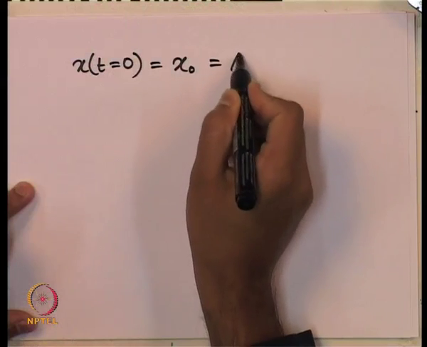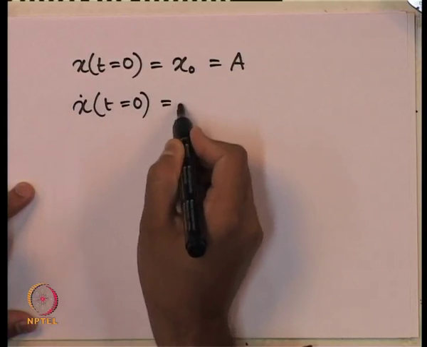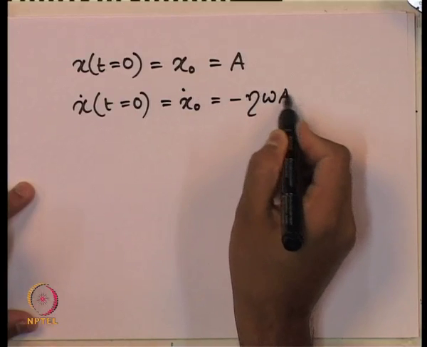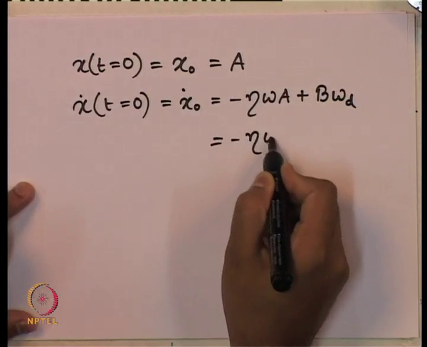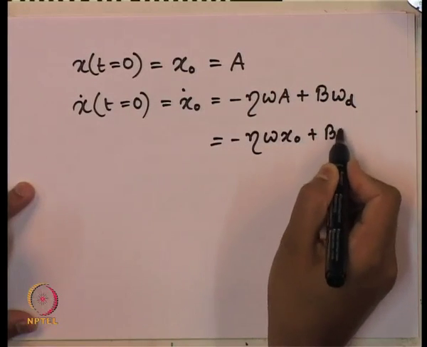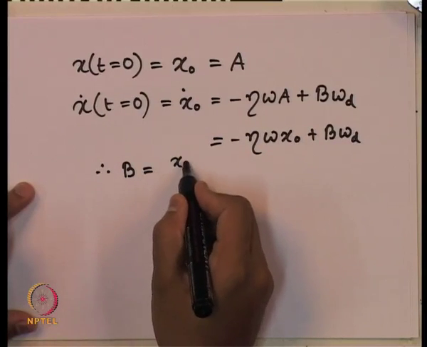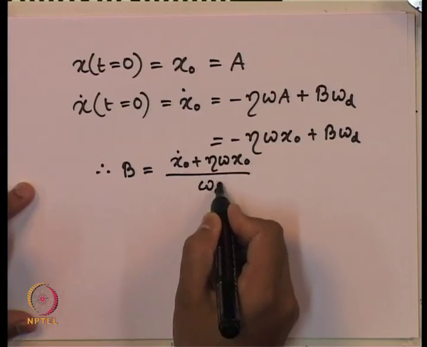Now, the constants are given by, similarly as we have seen for earlier cases, this is our a, and x dot at t equals to 0 equals to x naught dot is nothing but minus eta omega a plus b omega d, which is minus eta omega x naught plus b omega d. Therefore, b is x naught dot plus eta omega x naught by omega d.